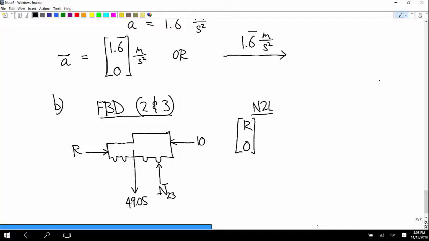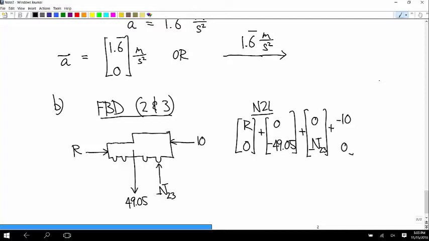R, 0, plus 0, negative 49.05, plus 0, N23, plus negative 10, 0, is equal to the mass of the system, 5, times the acceleration of the system that we just figured out in part A, so 1.6 repeating, 0.